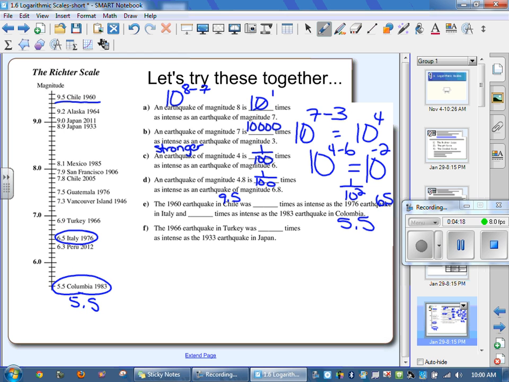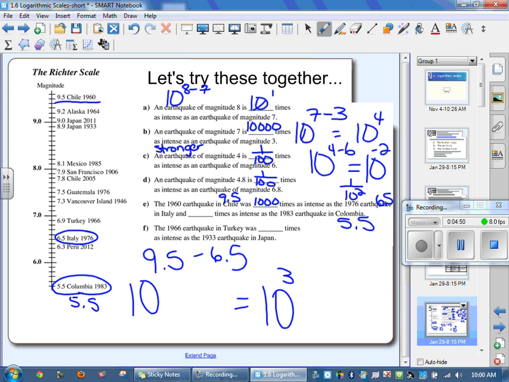So we're going to compare all three of them. First we're comparing the Chilean to the Italian one. So we're going to go 10 to the 9.5, subtract 6.5. How big is that going to become? 10 exponent 3. Well, 10 exponent 3 is 1,000. So that means that the earthquake in Chile was 1,000 times more intense than the one in Italy.